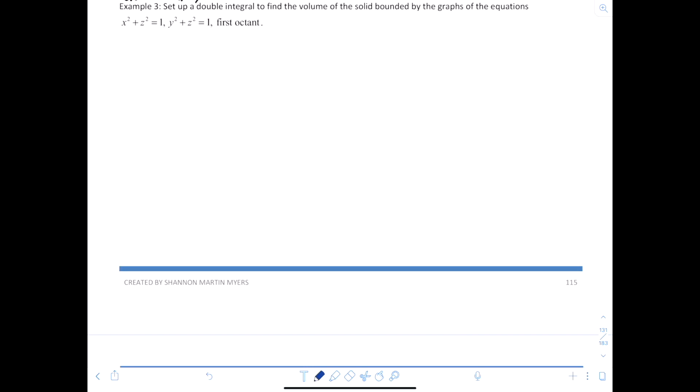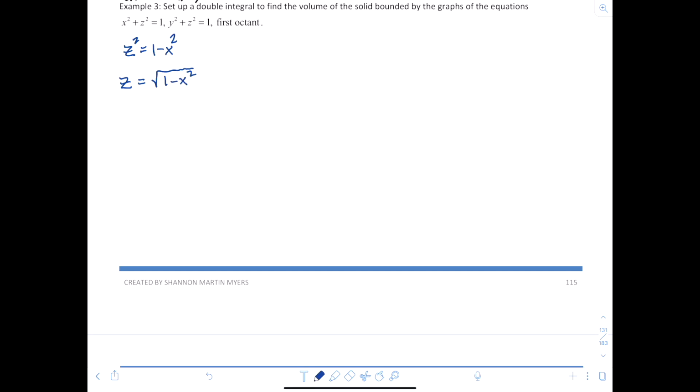We need to figure out what our f of x and y is, right? So here, if we look at these two equations, do you see that z squared would equal 1 minus x squared? And so z would be plus or minus the square root of that, but we're in the first octant, so we're just going to take the positive root.